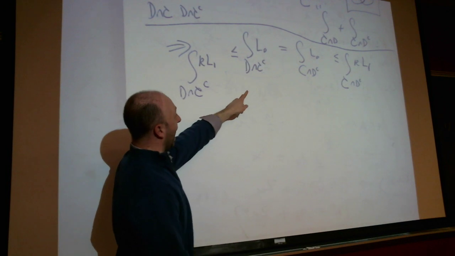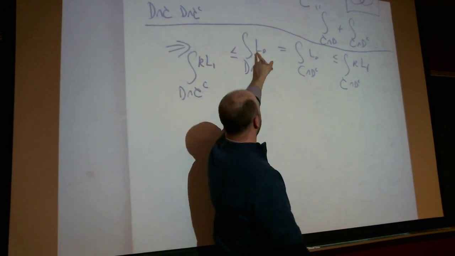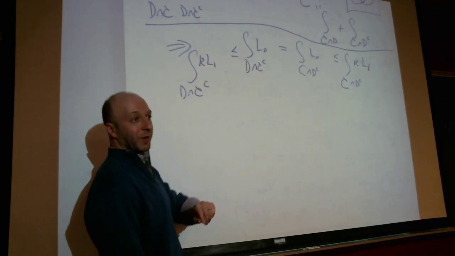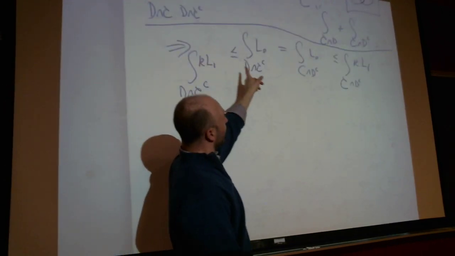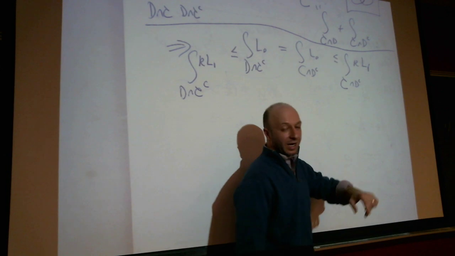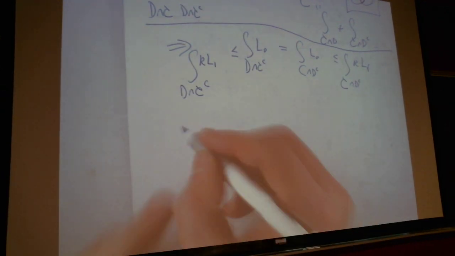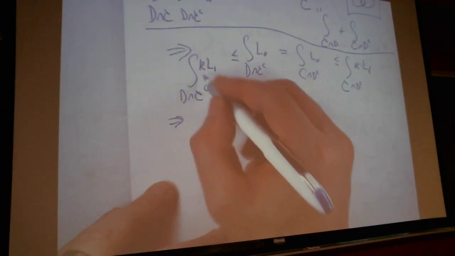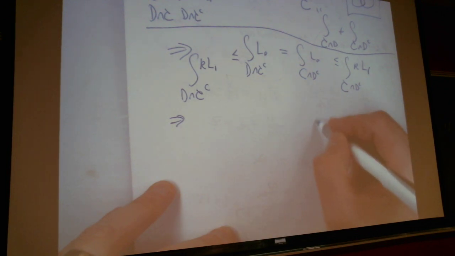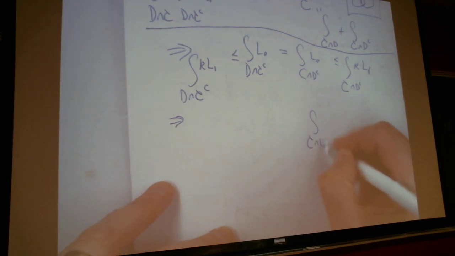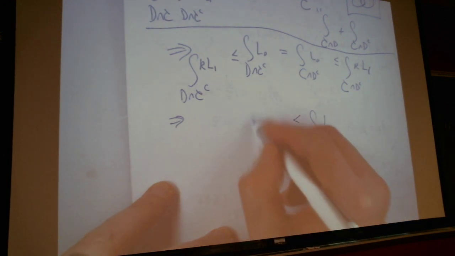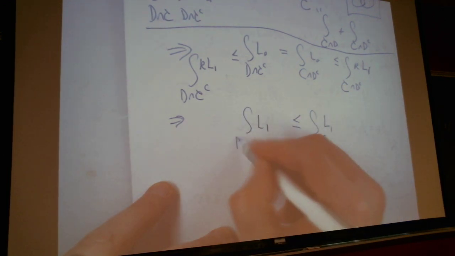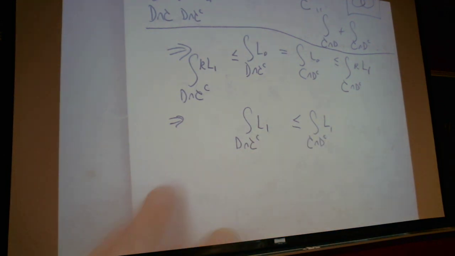We've used the assumption that outside of C, L0 is bounded below by a constant times L1. But this is a constant, so it pulls through the integral, and it's the same constant, so I can cancel it on both sides. That means, so I cancel k on both sides, and what I'm left with is the integral over C intersect D complement of L1 is bounded from below by the integral of L1 on D intersect C complement.